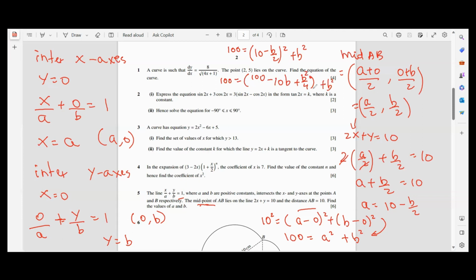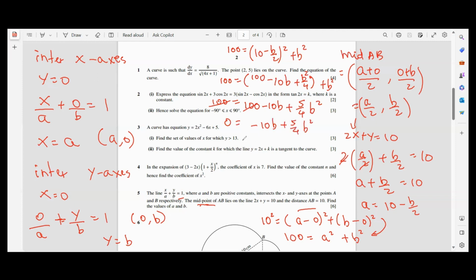Plus B squared. And then 100 equals 100 minus 10B plus 5 over 4 B squared. Okay, this can be deleted, so I got only 0 equals minus 10B plus 5 over 4 B squared.